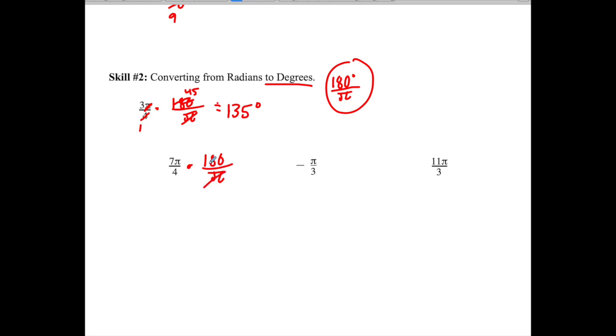So the pi's will cancel. Okay, this one's going to be similar. We get the similar cancellation, 1 and 45. And then we do 45 times 7, and I get 315 degrees. Okay, so all you're doing is you're multiplying by 180 over pi. The pi's are canceling, and you're simplifying from there.